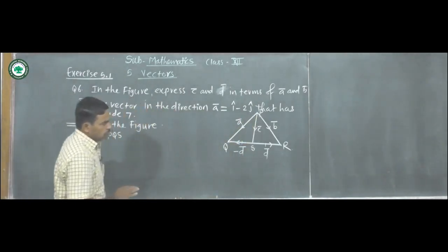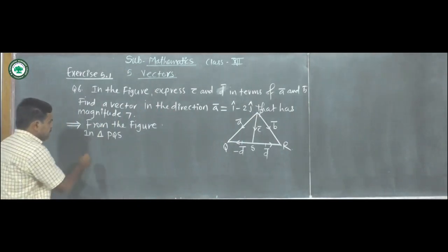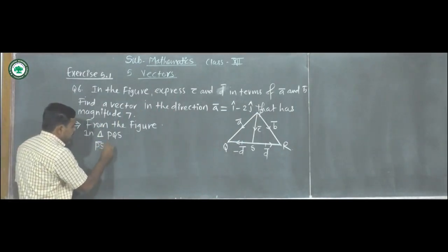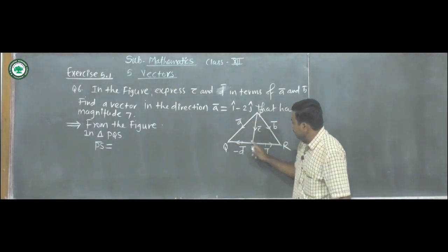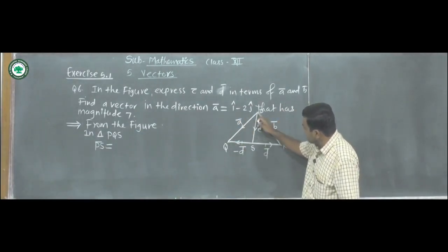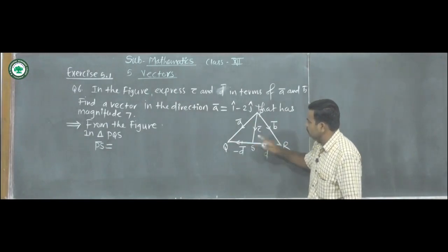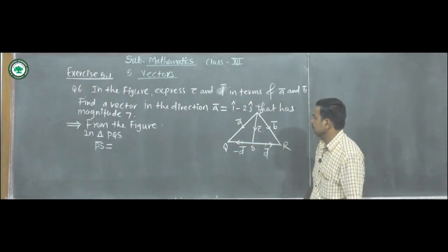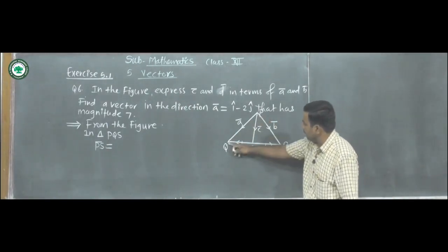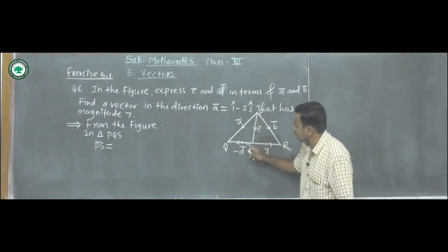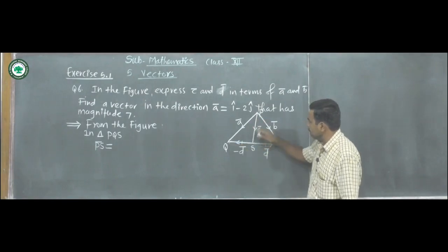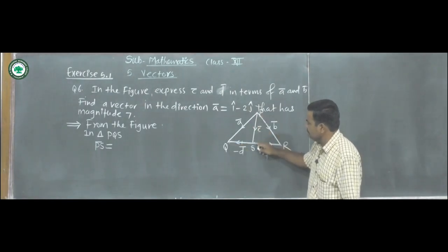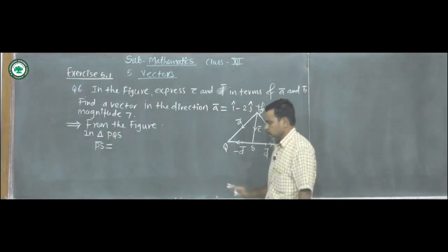Now here we have to use triangle law. What is PS bar? In triangle PQS, PS bar is PQ bar plus QS bar, or PQ bar is equal to PS bar plus SQ bar.